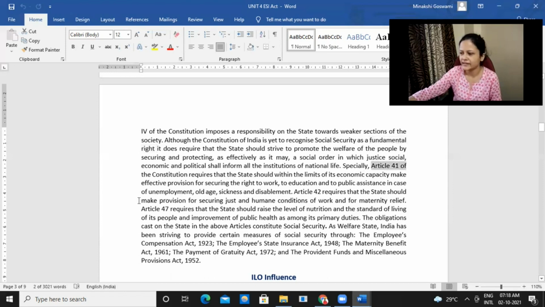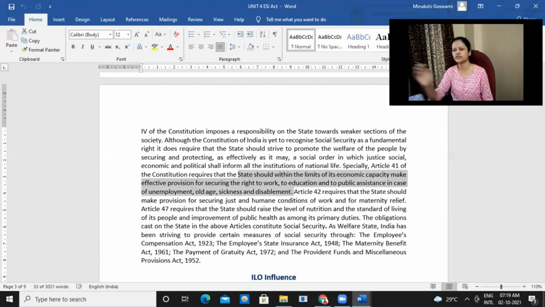So under Article 41 of the Constitution, it requires that the state should, within the limits of its economic capacity, make effective provisions to secure the right to work, to education, and public assistance in certain cases of unemployment, old age, sickness, disablement, etc. For DPSPs, it's always about how many resources the state has, because providing all these different rights and fulfilling all these obligations may involve a lot of resources.